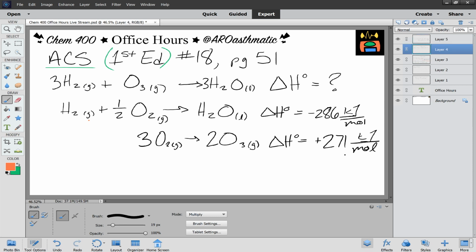I'm going to call H2 1, ozone 2, and H2O 3. We need to find these 3 components in the given reactions and manipulate those given reactions so that our desired reactants and products are on the desired side of the reaction with the correct stoichiometric coefficients.